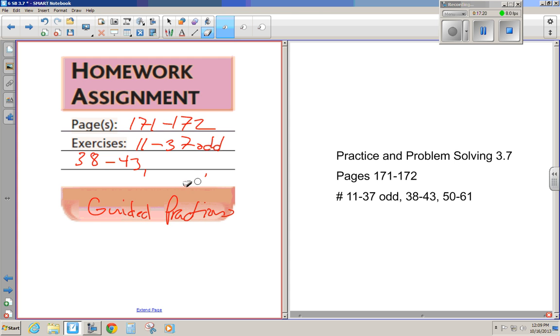Sorry, let me write this a little better. 50 to 61. And again, not guided practices. This is called your CYUs for homework. All right, good luck.